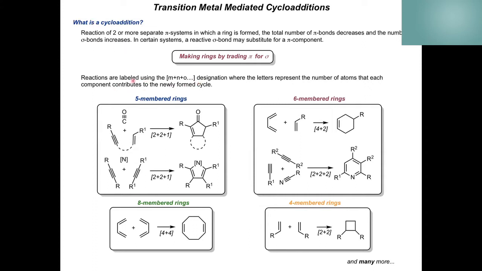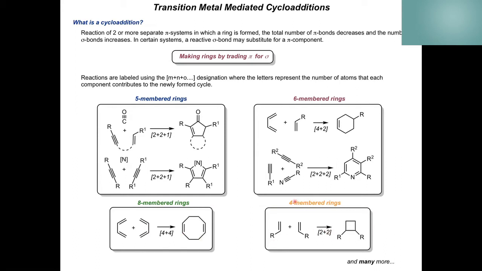When we are labeling different types of cycloadditions, we generally use the nomenclature of M plus N plus O, where each of these letters designates the number of atoms that each pi component is providing. We'll see examples of 2 plus 2 plus 1s, making 5-membered rings, 4 plus 2s making 6-membered rings, as well as 2 plus 2 plus 2s, some of my favorite reactions, making those 6-membered rings, even 4-membered rings from 4 plus 4s.